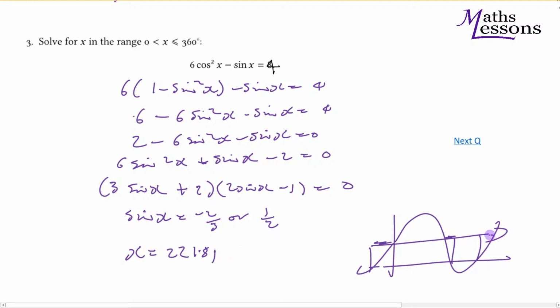And then this one here is going to be 360 take away 41.8, we get 318.2. And half, that's at 30 degrees, you should know that off by heart. And the next one's going to be 180 minus 30, which is 150 degrees.